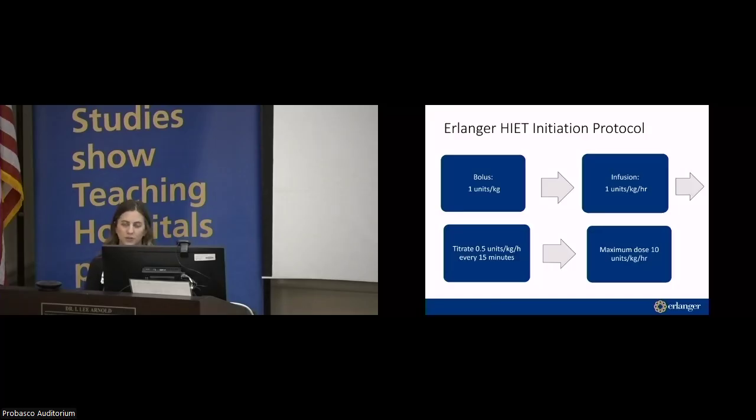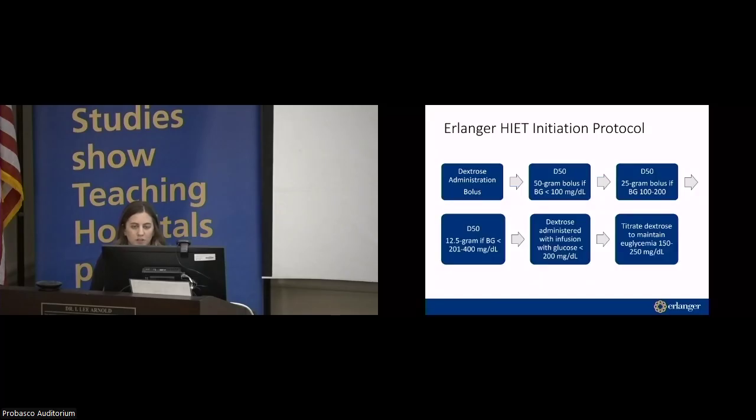You start with a bolus of 1 unit per kilogram, and then you can start the infusion at 1 unit per kilogram per hour. It's titrated up by 0.5 units per kg per hour every 15 minutes with a max dose of 10. We're titrating to maintain a MAP over 60. And then we also replace dextrose when we give this type of therapy.